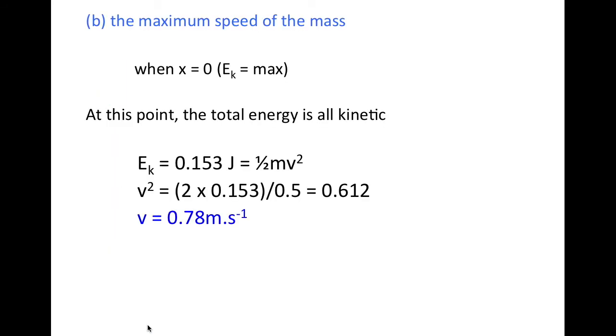The maximum speed of the mass is when x is 0, so this is when kinetic energy is at its max. So at this point, the total energy is all kinetic. Here we have E sub k, so kinetic energy equaling 0.153 joules equals 1/2 mv squared. Solving for v gives us an answer of 0.78 meters per second.